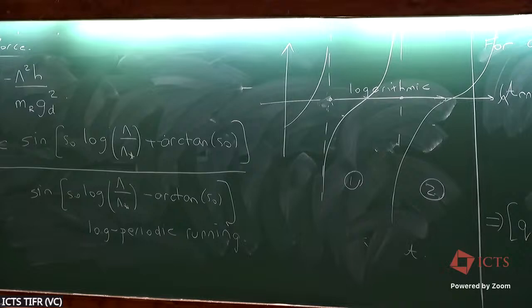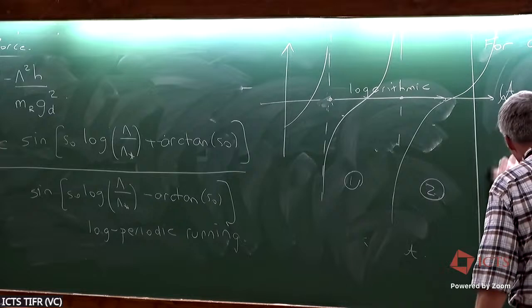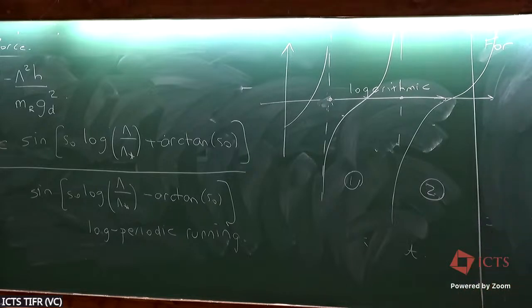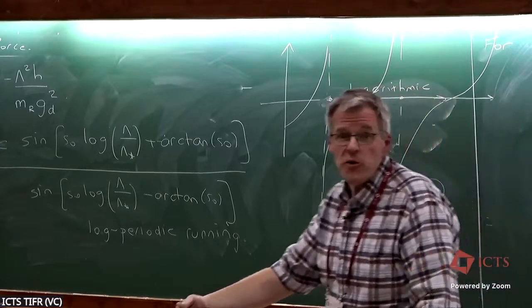All right. So all of this, the discrete scale invariance, the log periodic running of h, means that, by the way, this renormalization process has broken our continuous scale invariance down to a discrete scale invariance. So we started with a continuous scale invariance in the two-body problem.